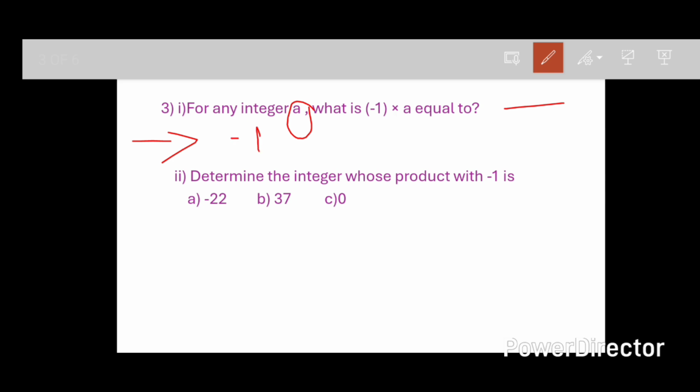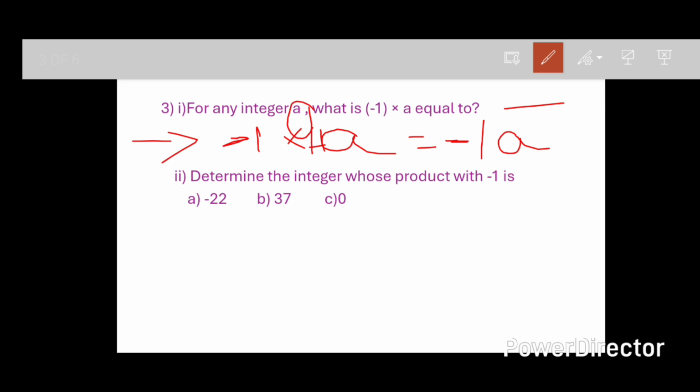Means see minus 1 into a. Here nothing but there is no number means the constant is 1 here. Okay. So what becomes 1 ones are 1. The integer in general a remains constant. Nothing but 1a and a both are same. But here symbol remains minus a. Why? Because if you multiply negative symbol with a positive one in the product, there will be a remaining of a negative symbol.